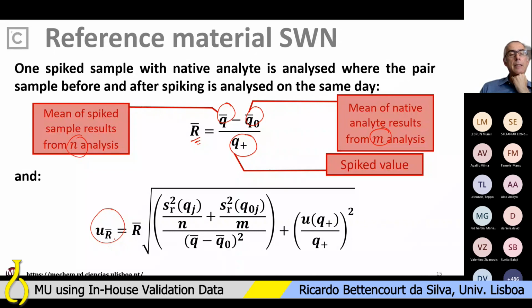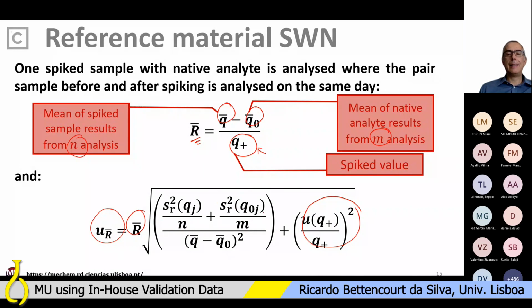And the standard uncertainty of this mean recovery will be the mean recovery times the square root of 2 terms. So this term will be the square of the standard uncertainty of the spiking. So this is the contribution from there.